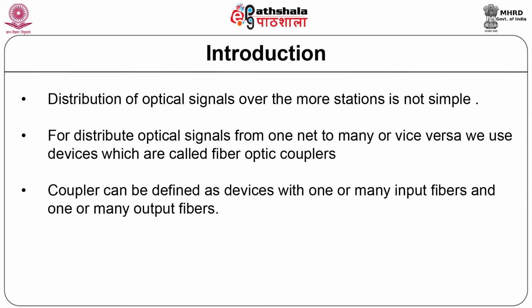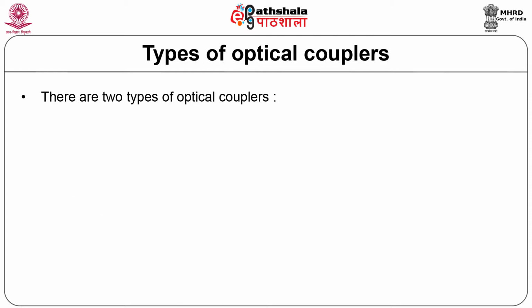A coupler is generally defined as a device having one or many input fibers and one or many output fibers. Here we are considering fiber optic couplers. This is because we are considering a fiber optic communication link, and if we want to tap certain points, to add certain points or to split certain points, then what we require are fiber optic couplers. Since light is being transmitted through these couplers, they are called optocouplers.